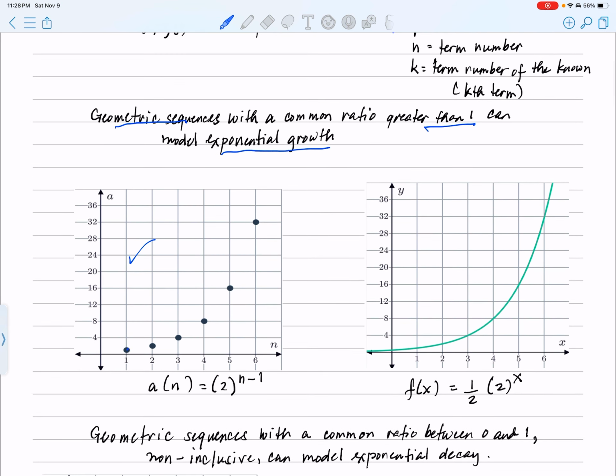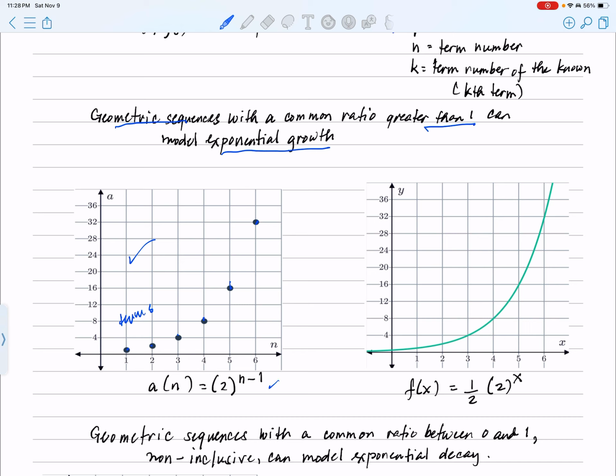This pertains to the terms for geometric. So that's why you have a sub n equals 2 to the power of n minus 1 in this graph right here.